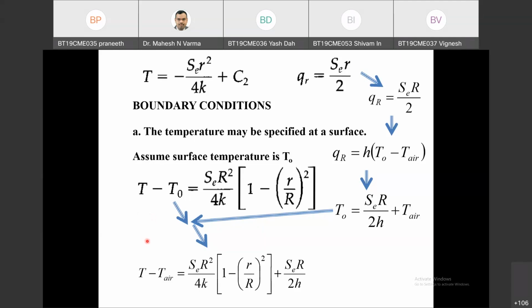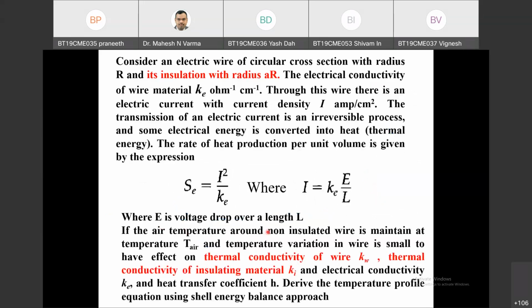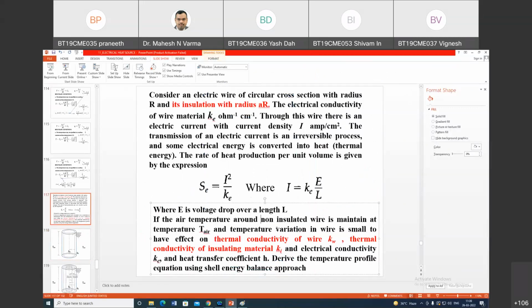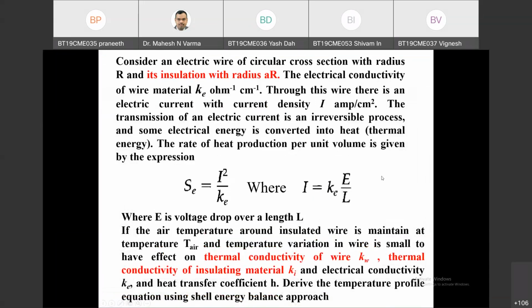So, roll number 37. Now, next problem. The next problem is case number 3 for the same problem. So, this is non-insulating, this is insulating actually. Same problem is there.